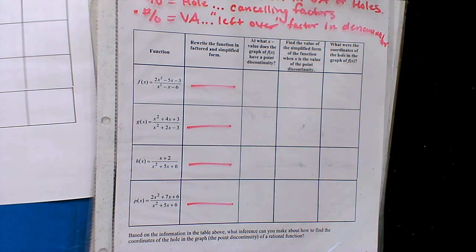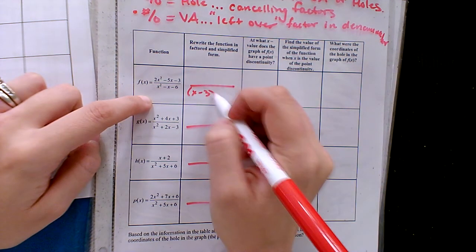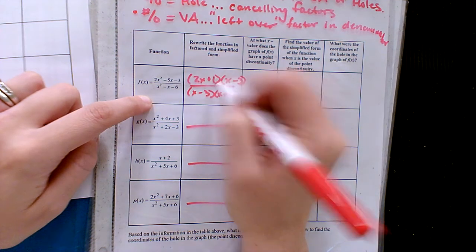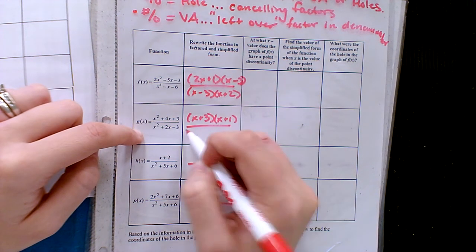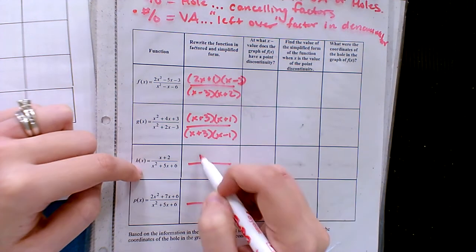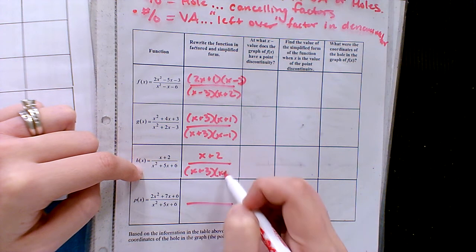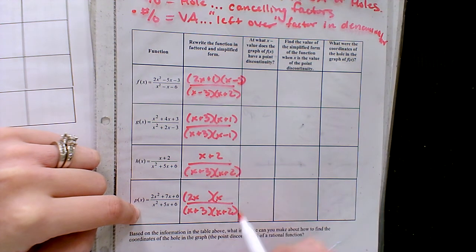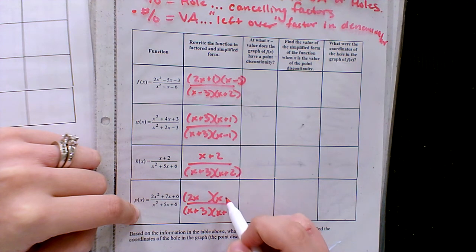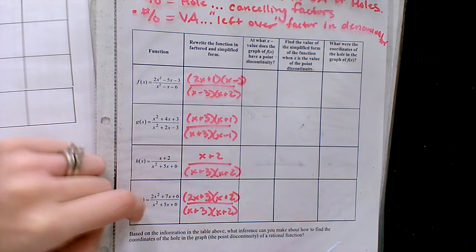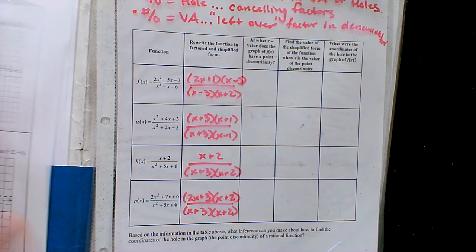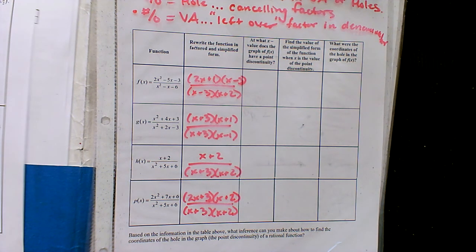So can you do me a favor and just copy down the factors that were on page 260, since they're the same. All right, these were the same factors that we had from Friday.